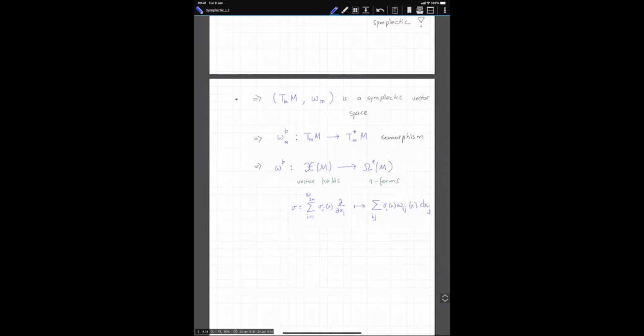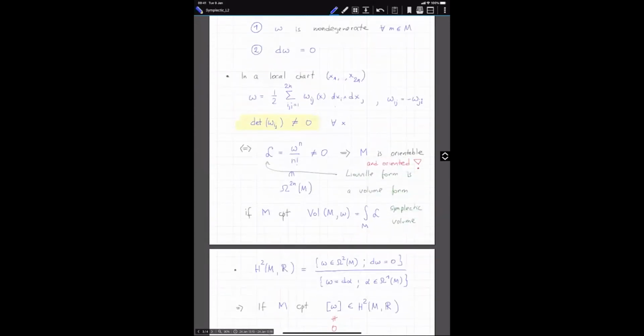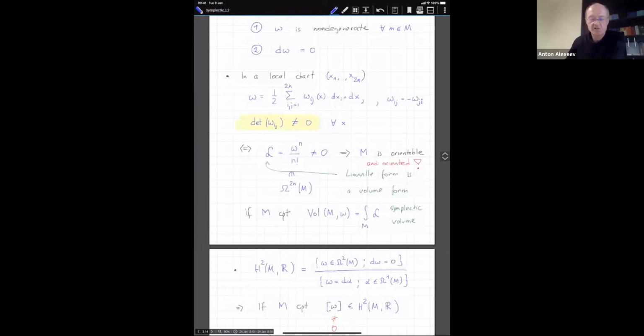Excuse me, we have written 1/2 when there were two forms, like dx_i ∧ dx_j has a coefficient 1/2, but dx itself hasn't any coefficients. Wait, but what? That's the formula for omega, and it has 1/2 in front of it.